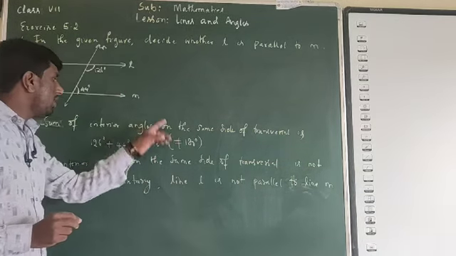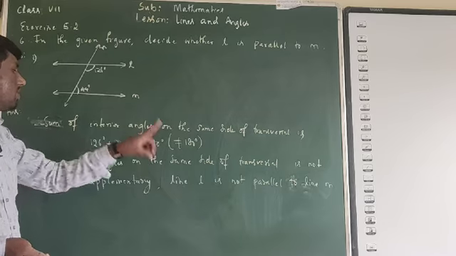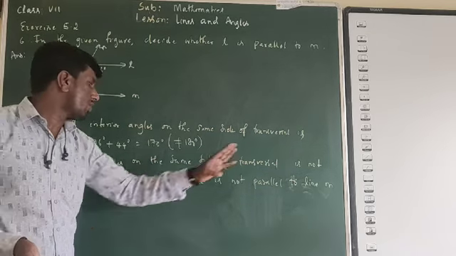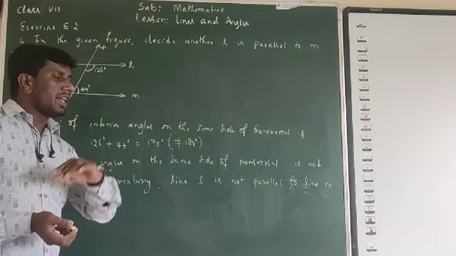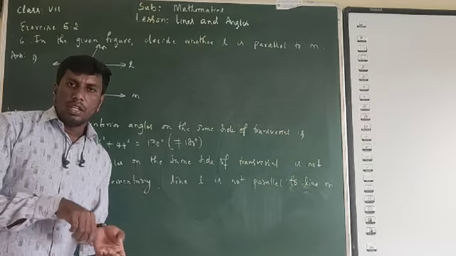If it is parallel, then it should be 180 degrees. But I am getting 170 degrees. Therefore, interior angles on the same side of the transversal are not supplementary. Therefore, line L is not parallel to line M.